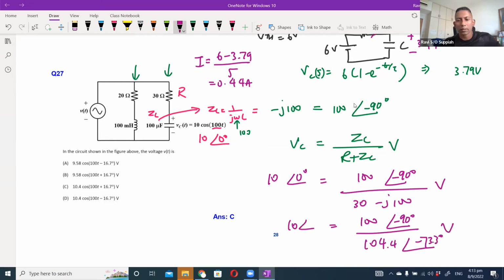Then the rest of it, when you solve it, you will get V equals 10.44 angle 16.7 degrees.